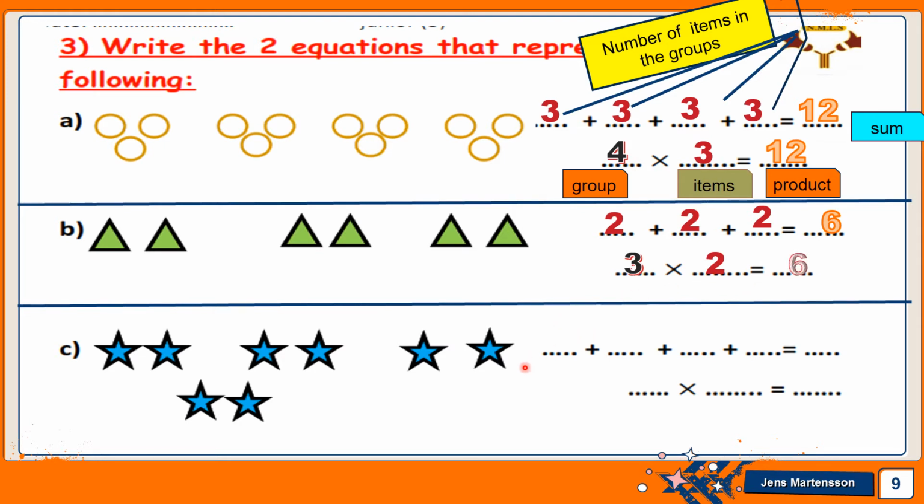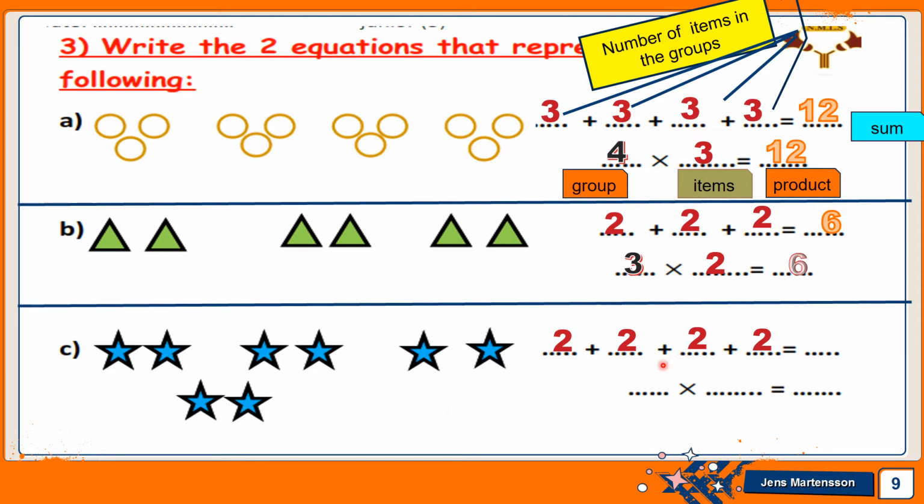Number C. Here we have how many items? We have 2. And here plus 2. Excellent. And here plus also 2. And here in the last group we have also 2.